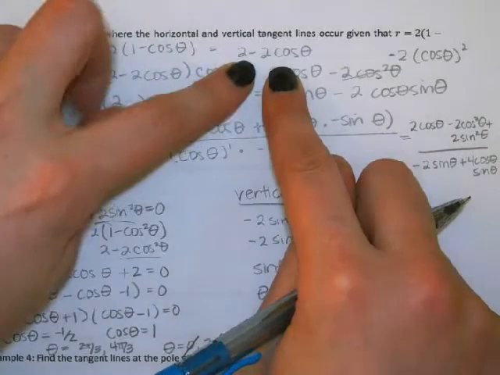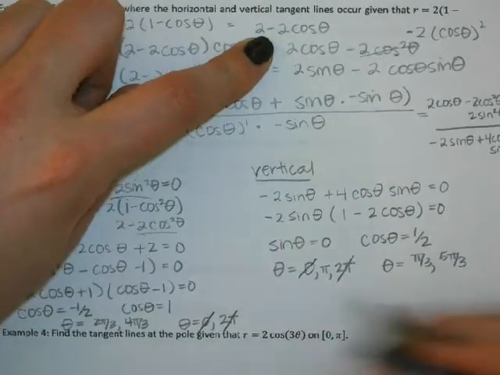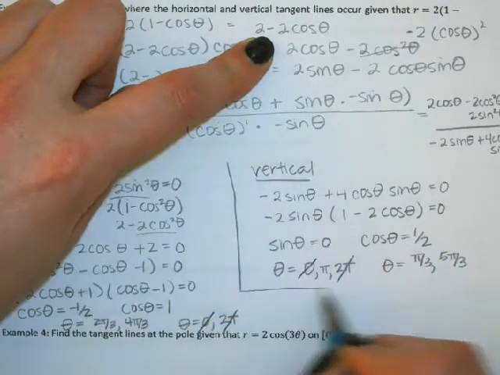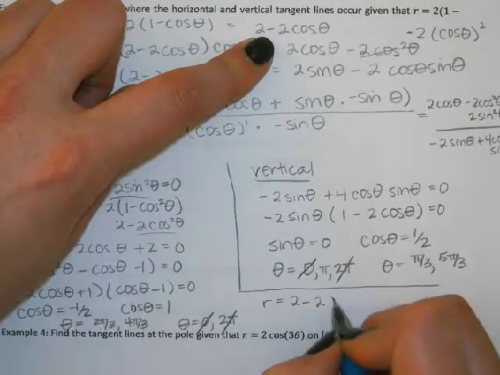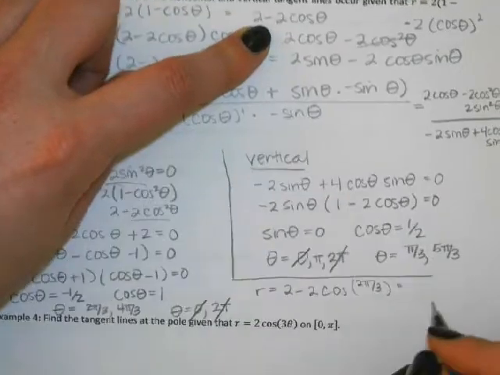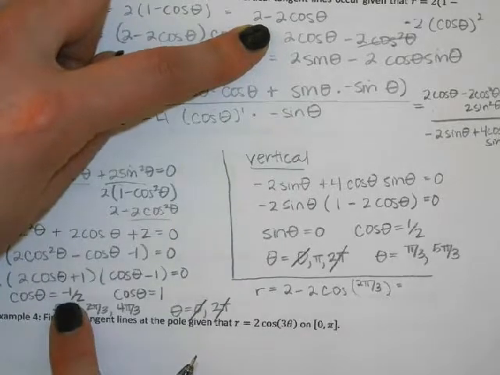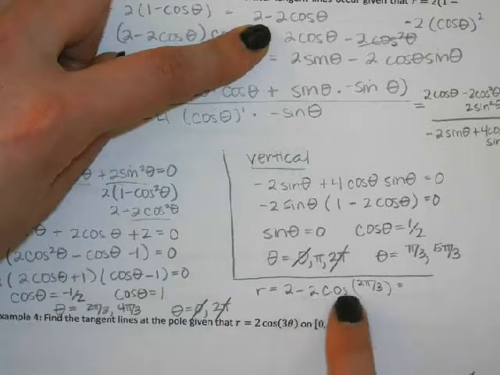So for our horizontal tangent, r equals 2 minus 2 times cos of 2 pi thirds. Cos of 2 pi thirds, we already know it was negative 1/2. So 2 minus 2 multiplied by negative 1/2 is 3.